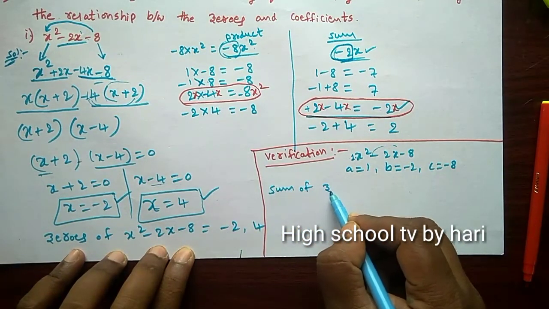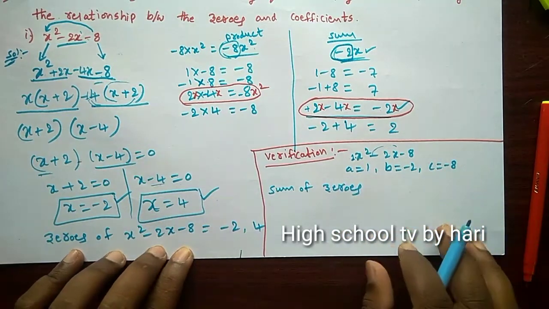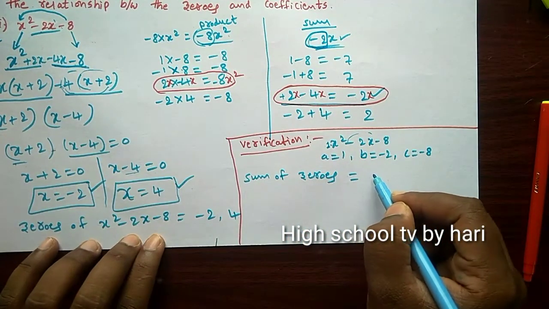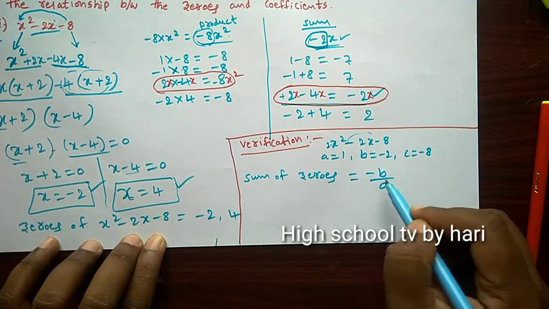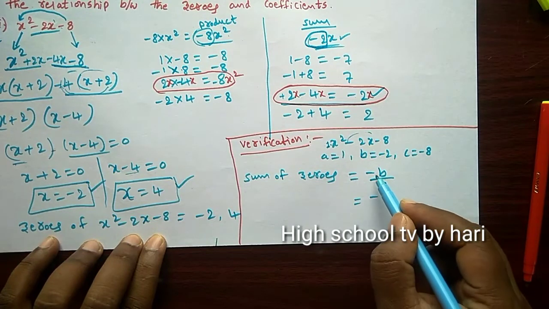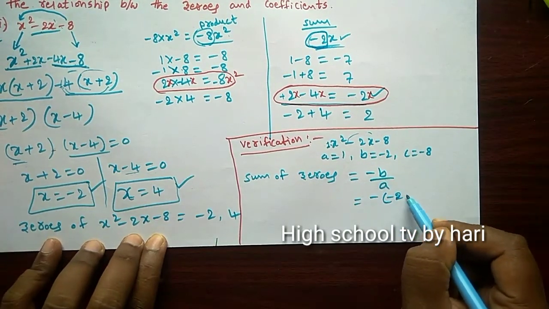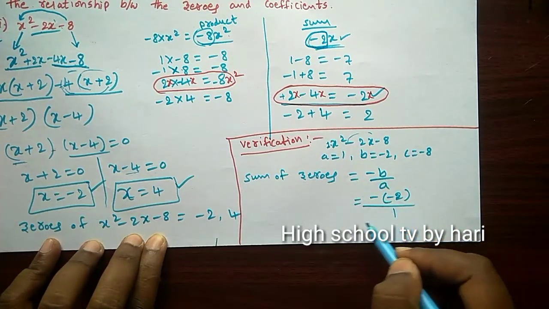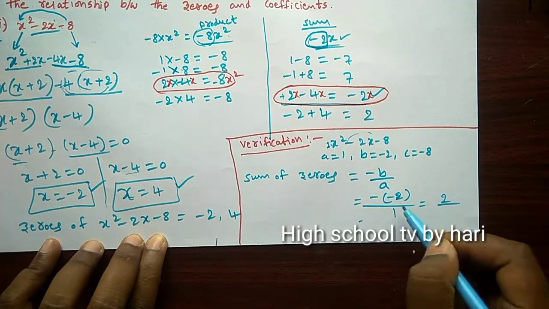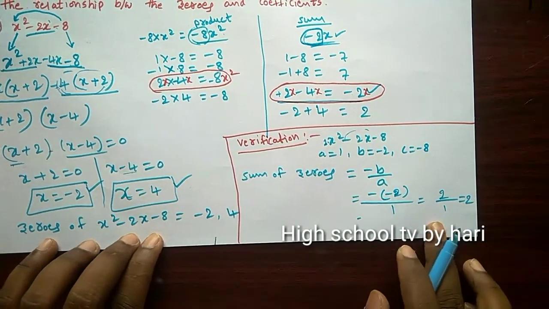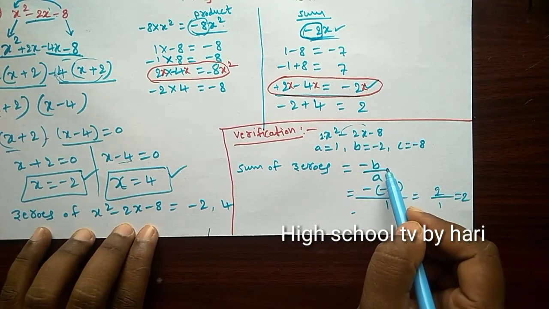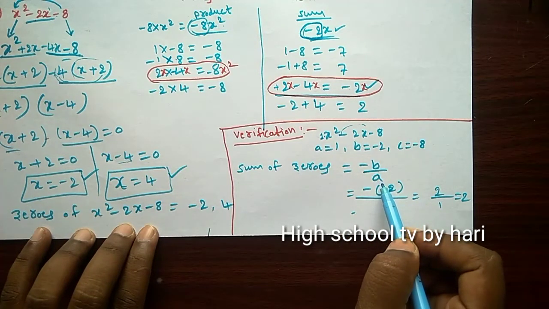Sum of the zeros is equal to minus b by a. Minus b by a is: b is minus 2, so minus of minus 2 by a value 1, minus into minus is plus, so 2 by 1, which is 2. That is the sum of the zeros by the formula, the coefficient of x by the coefficient of x square.